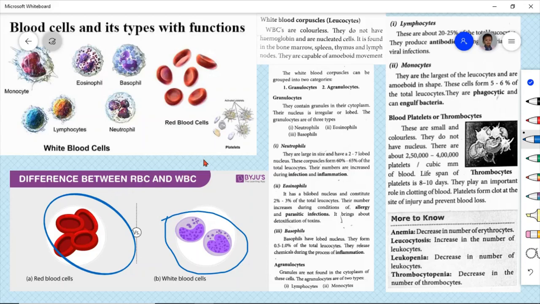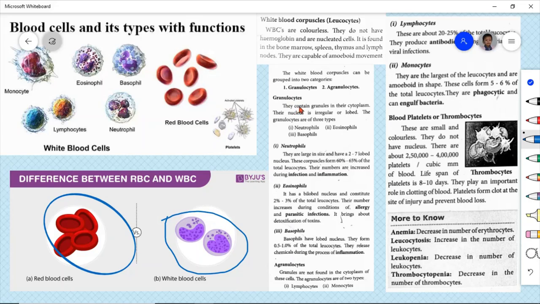Understood? Now this WBC is again categorized into 2 groups: number 1, granulocytes, and number 2, agranulocytes. First we can see granulocytes. Why is it known as granulocytes?